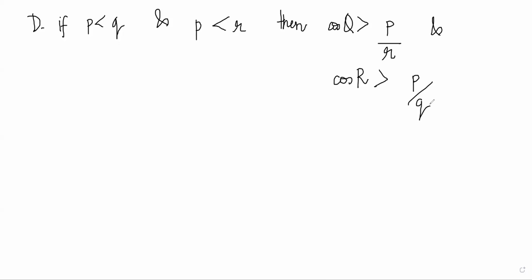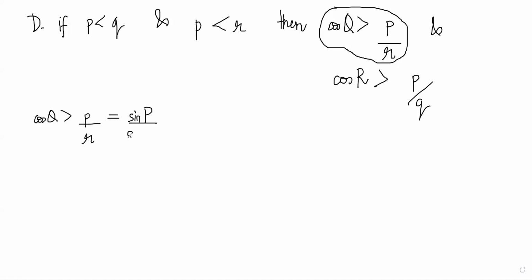So let's think about this a little bit. So looking at this, what can we conclude from here? Cos of Q is greater than P by R, and P by R is basically sine of P by sine of R using sine rule. So we have sine R cos Q is greater than sine P, right?